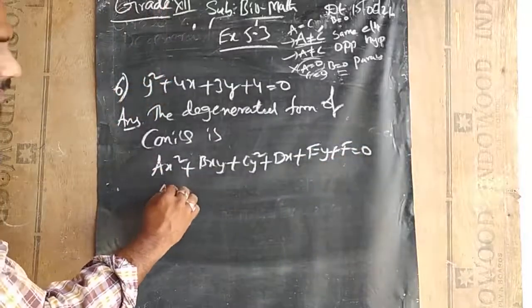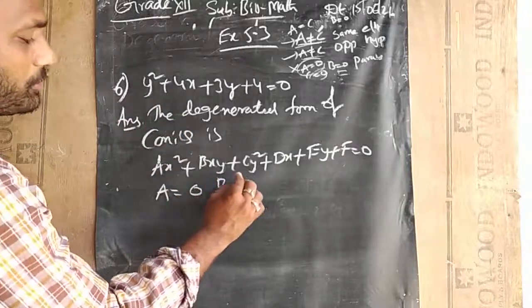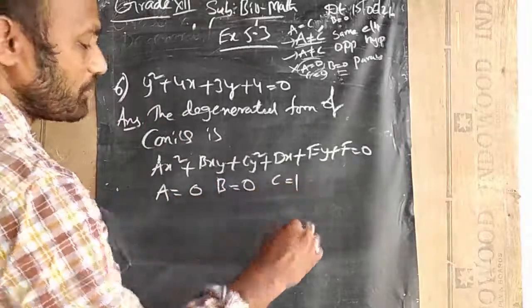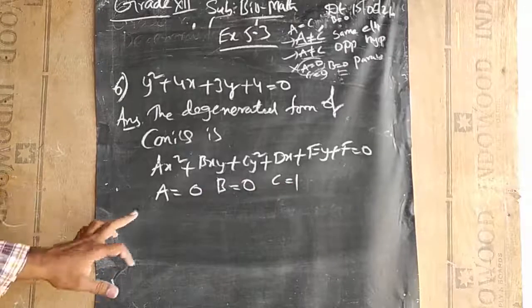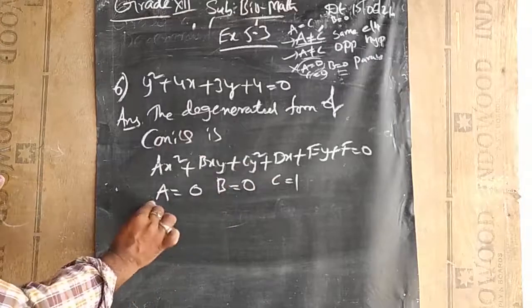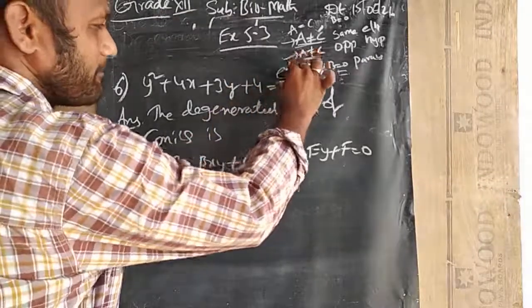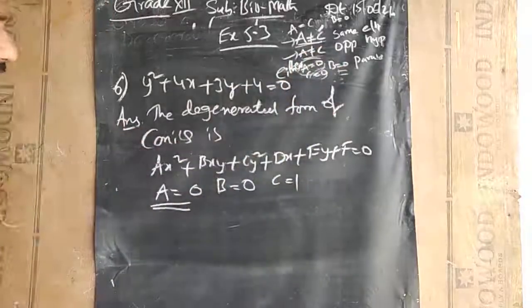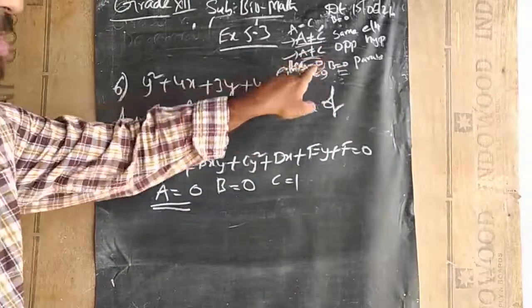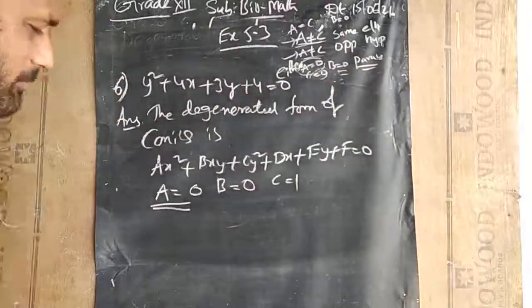What is the a value here? There is no x square, so it will be 0. So b value is 0, c value is 1. We have to focus only on the A, B, C values. So whenever either A is 0 or C is 0 and B is 0, then we will call it a parabola.